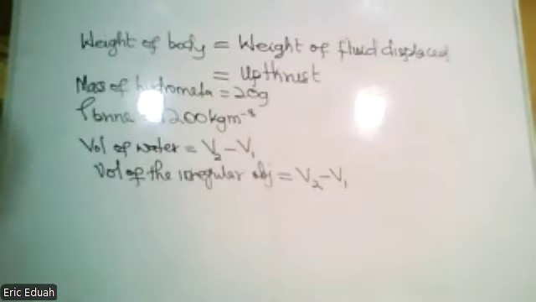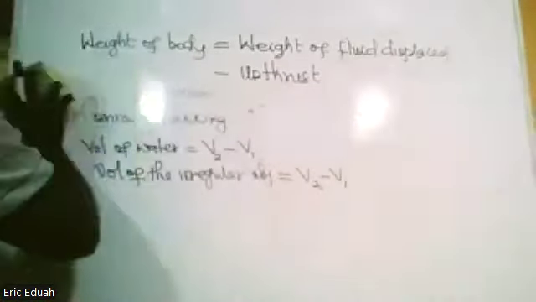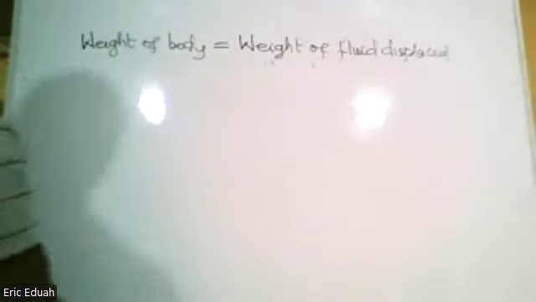All right. So we are asked to calculate the volume of the hydrometer submerged in the liquid. But one thing, a hydrometer floats. Hydrometer floats. And so we apply the law of flotation, which is this.